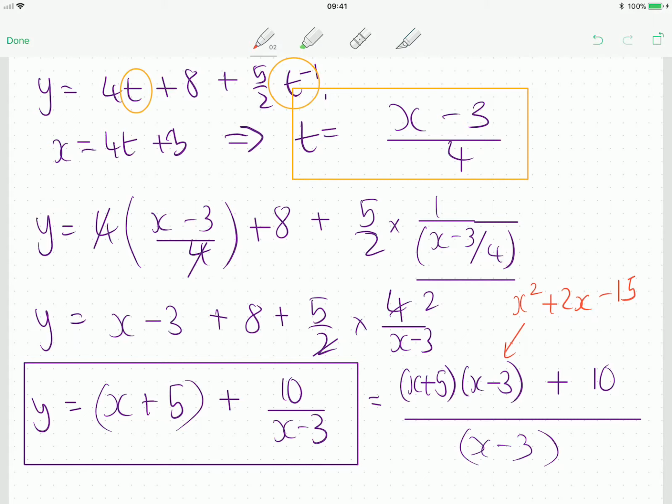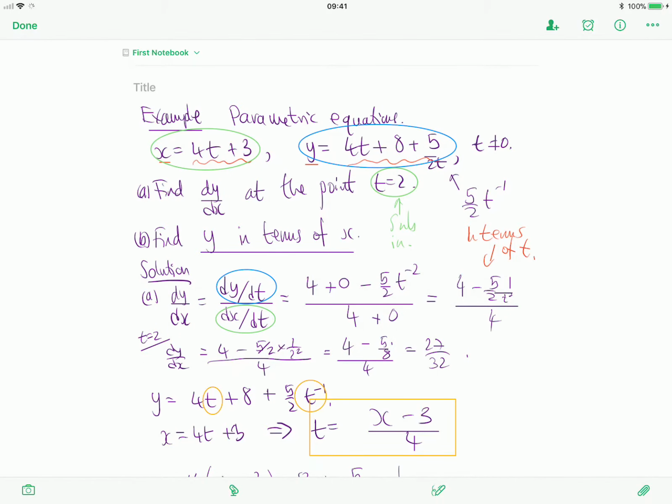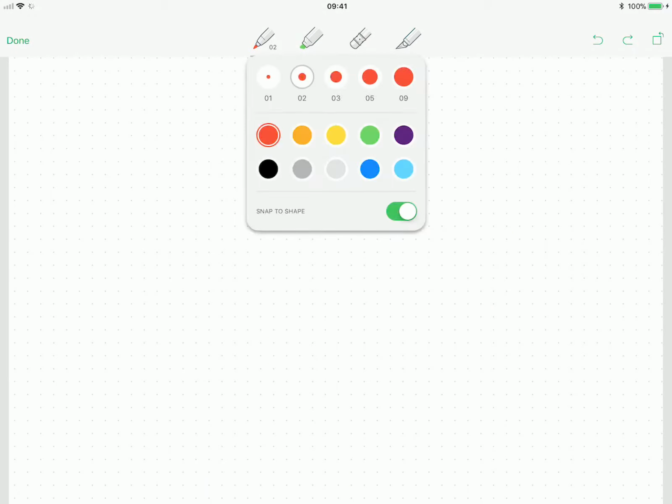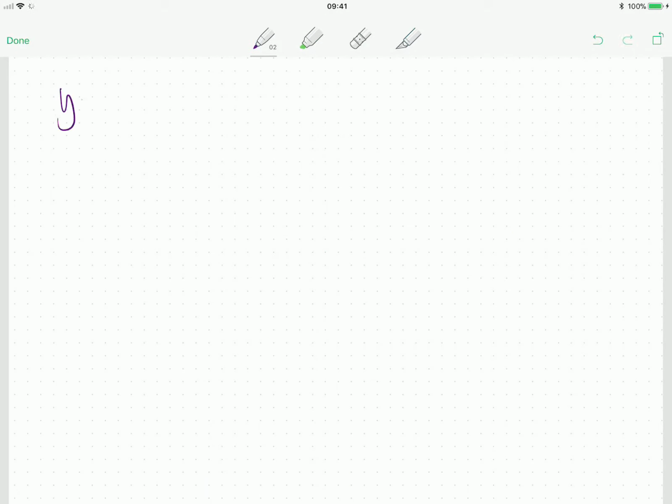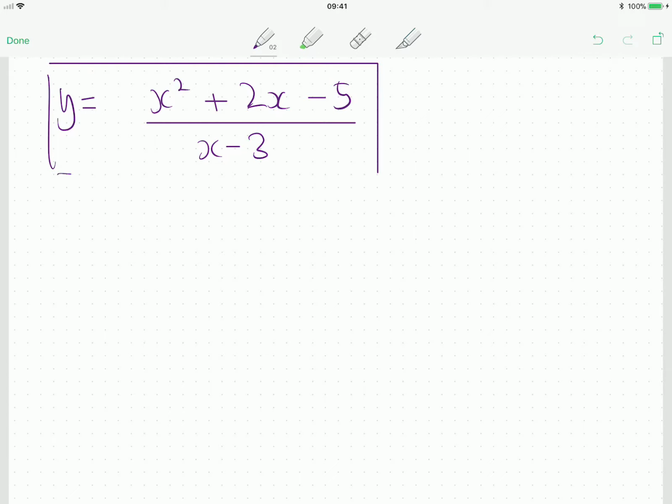So our final answer, let's put on a clean page, is y equals x squared plus 2x take away 5, all divided by x take away 3. And we should highlight here that x cannot be 3, otherwise we end up dividing by 0. And there you go.